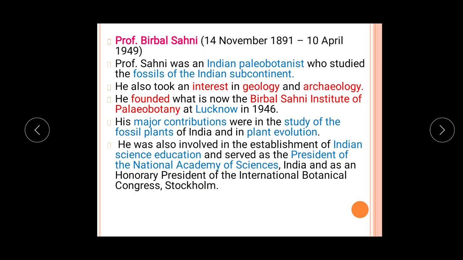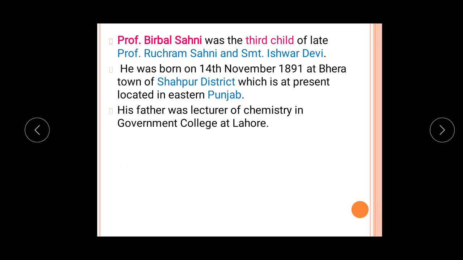Professor Birbal Sahni was the third child of the late Professor Ruchiram Sahni and Srimati Ishwar Devi. He was born on 14 November 1891 at the Behra town of the Shahpur district, which is at present located in Pakistan, and at that time it was located in eastern Punjab, so it is wrongly written here.